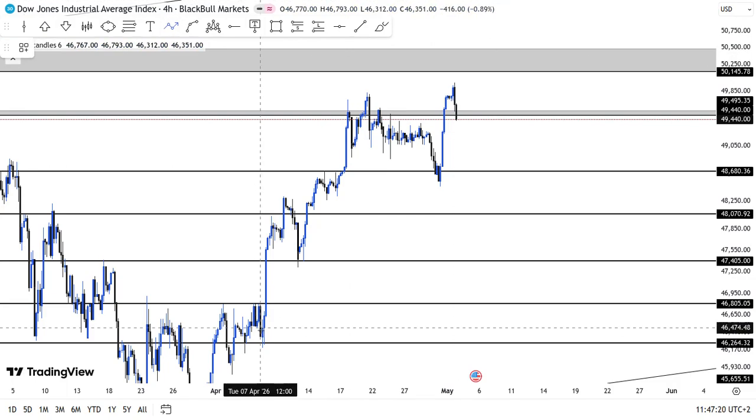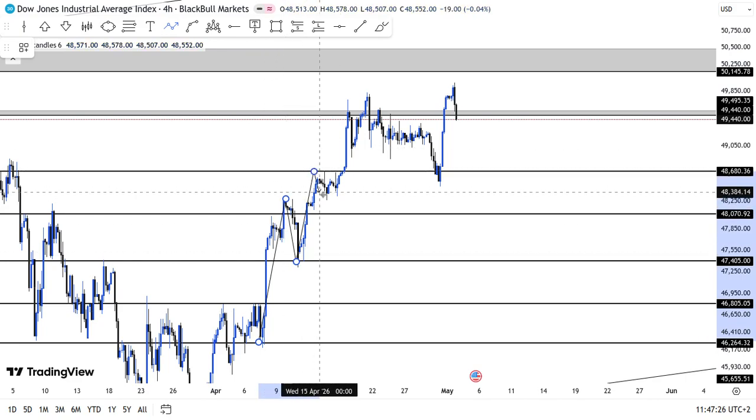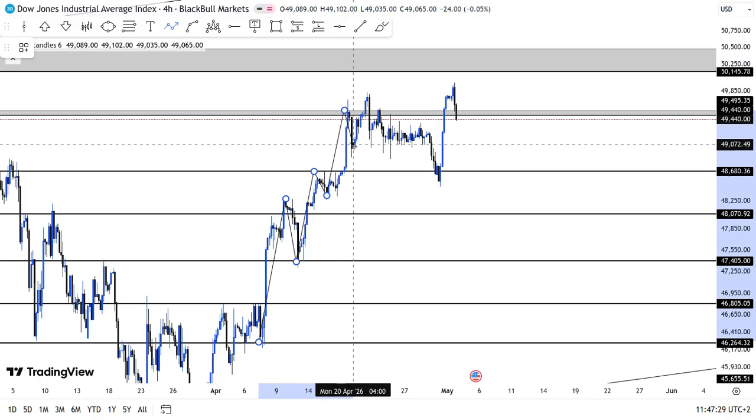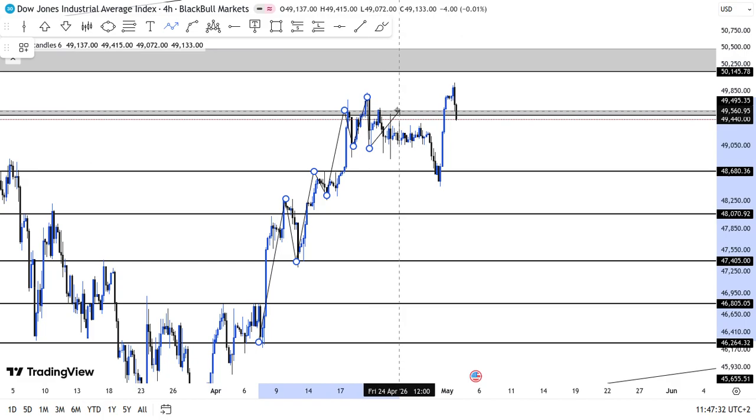We've got a higher high, higher low, higher high, higher low, higher high, higher low, fake up, higher low. Lower high, lower low.